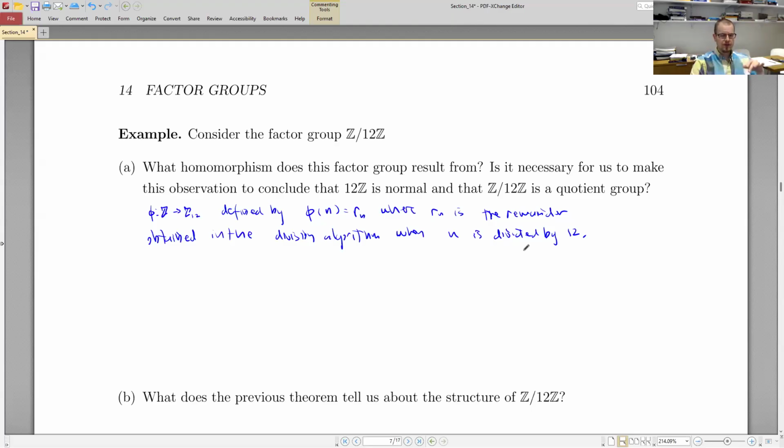All right, so phi mapping from Z to Z12 defined by this.